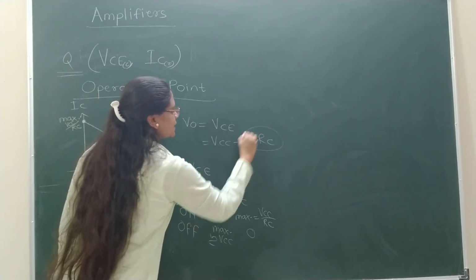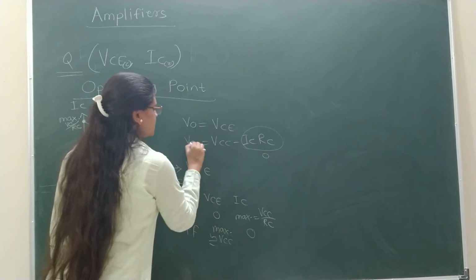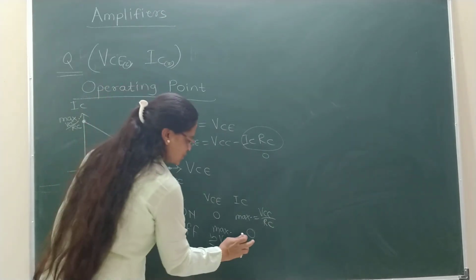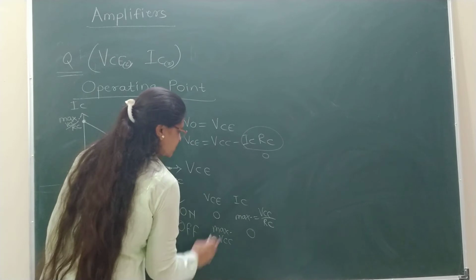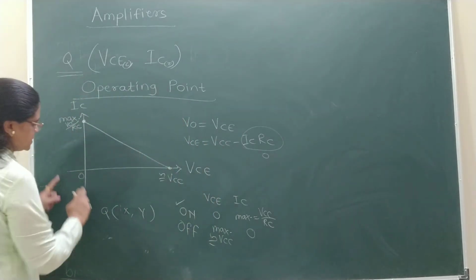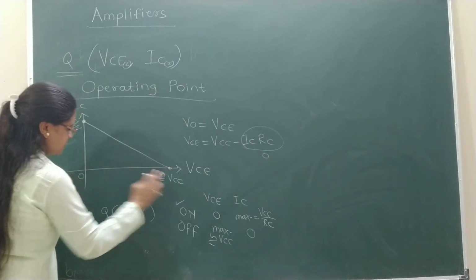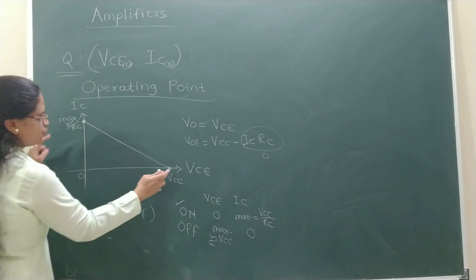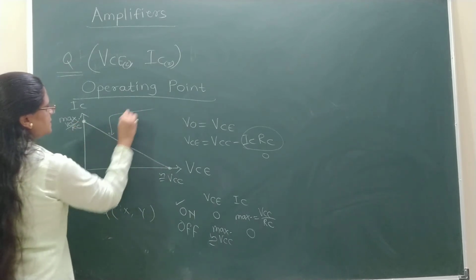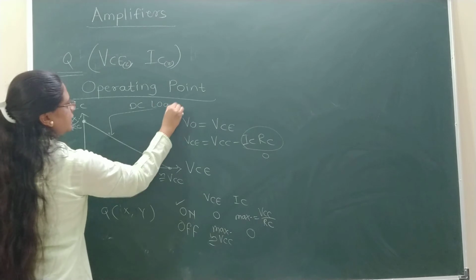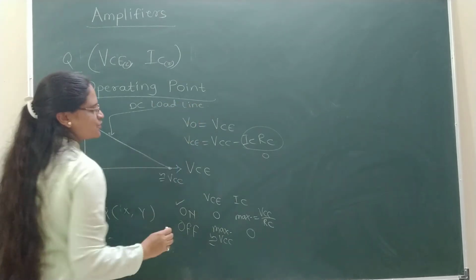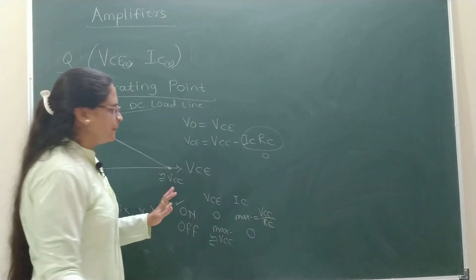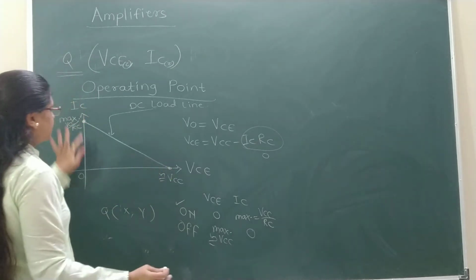So whenever there is collector current 0, VCE results to be VCC. So that is IC 0, VCE equal to VCC. Here it is: X parameter equal to VCC, Y parameter 0. So whenever you connect these two points, this line is known as the DC load line. Effect of DC voltage, VCE battery, reverse biasing, VCE voltage and collector current.